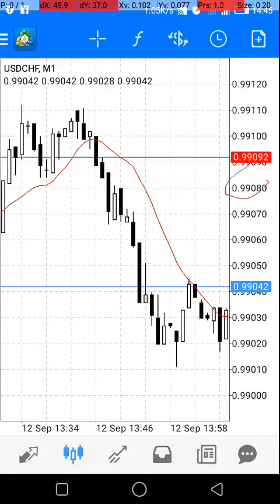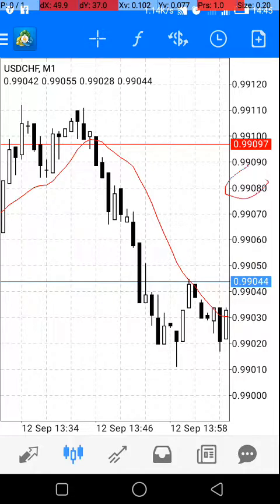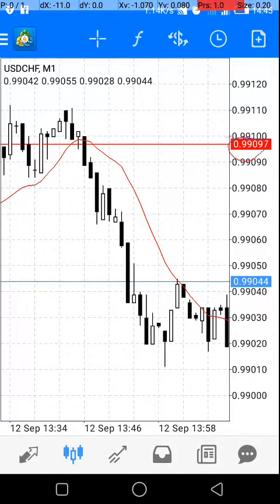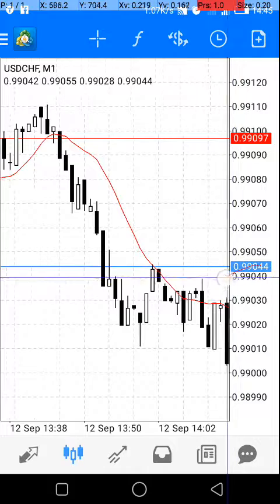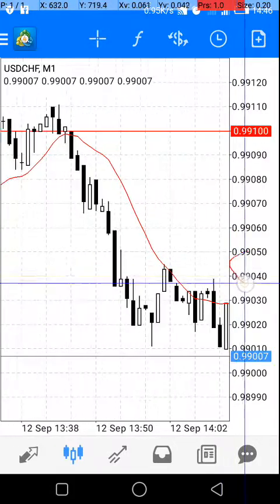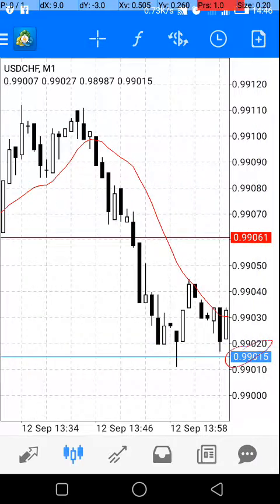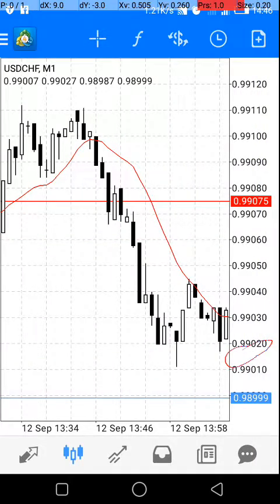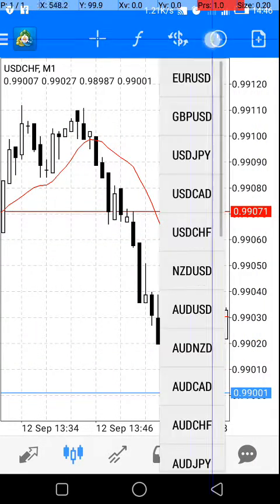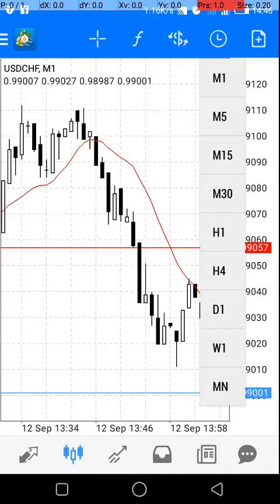It means you are buying dollar and you are selling the Swiss at that market price. And if you want to sell dollar Swiss, you sell $1 with respect to the Swiss. So let's go back to the high time frame of daily.